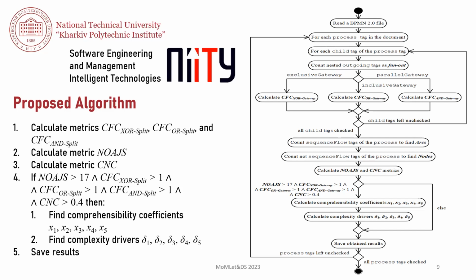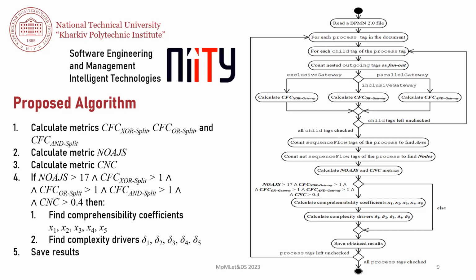Then it's necessary to calculate the number of activities, joins, and splits metric. Then calculate the coefficient of network complexity metric, and check if one of these metrics is greater than its lower bound.